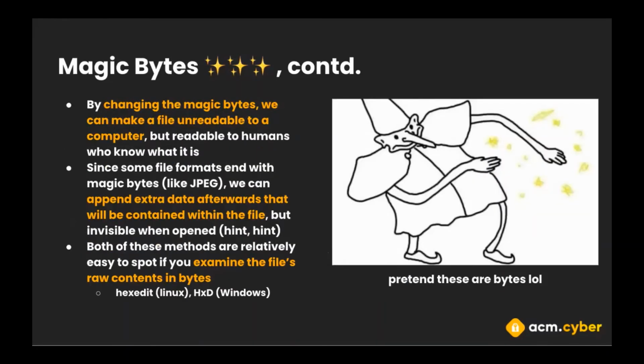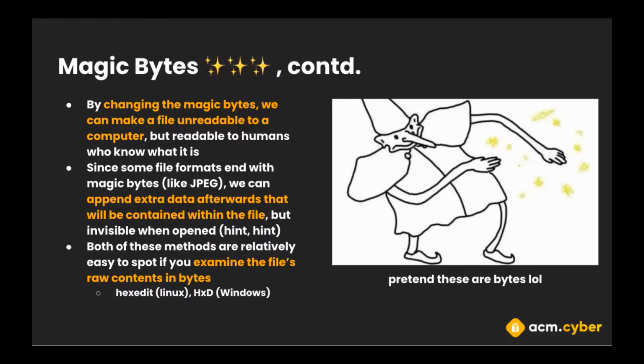As I was saying, by changing the magic bytes, you can make it so the computer is unable to read the file, but humans can still read it. And if you can figure out what's wrong with the file, like maybe the magic bytes have changed from a 9 to an 8, and fix that, then you can actually make the file readable again. Additionally, since some formats actually end with magic bytes as well as starting with them, such as JPEG, you can append extra data afterwards that will be contained within the file, but you won't be able to see it when you open the image.